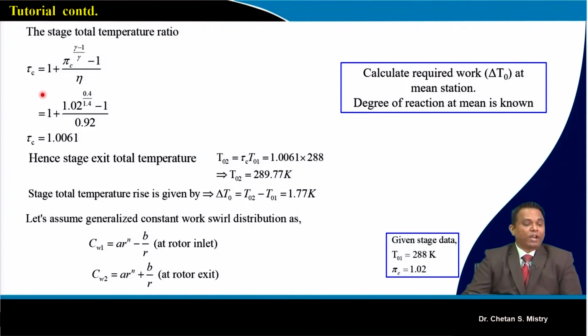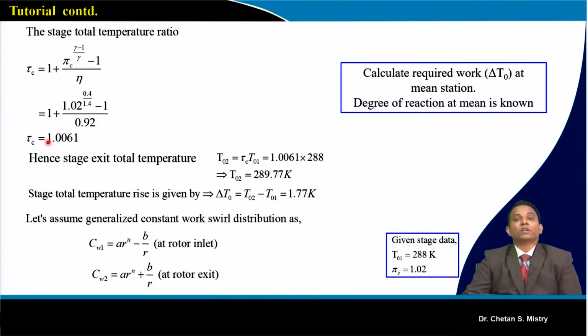If we write down, the temperature ratio is given by 1 plus pi c to the power gamma minus 1 over gamma, minus 1, divided by efficiency. Our pressure ratio is known to us, efficiency is also known to us, and that gives the temperature ratio as 1.0061.